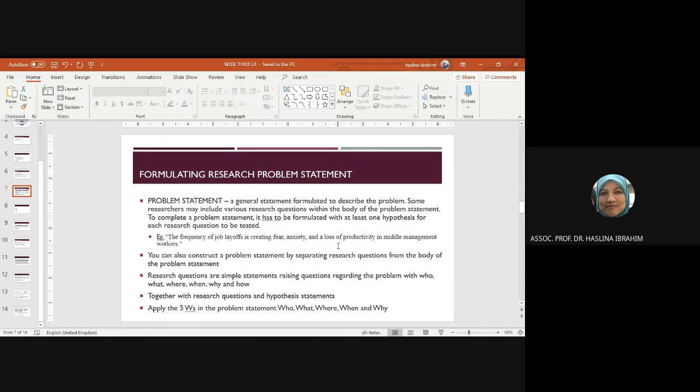So this is just like a hypothesis, but for library research or non-qualitative research, for textual study, you call it a thesis statement.